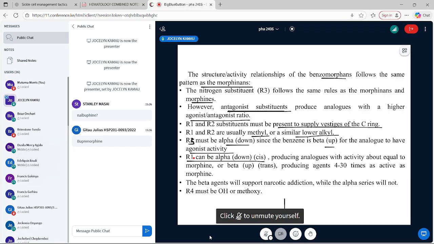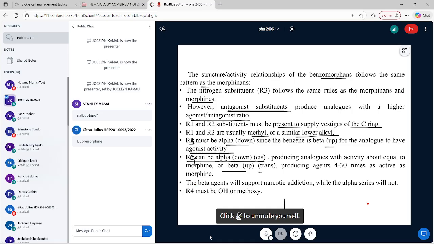Let's call this the R9. R9 can be alpha down, which we call cis, producing analogs with activity about equal to morphine, or it can face up, which we call the trans, producing analogs 4 to 30 times as active as morphine.